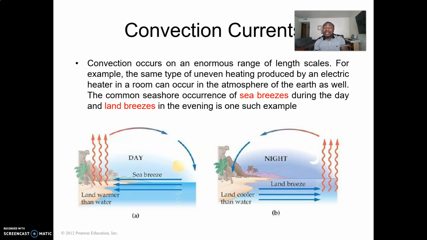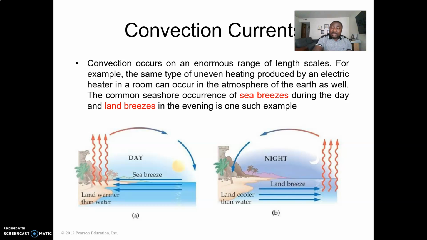And for part B, we call that the land breeze, and it occurs during the night. Now, during the night, the water is hotter than the land, so the land is colder than the water.